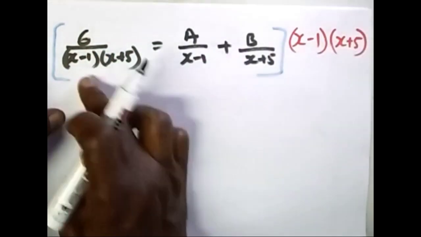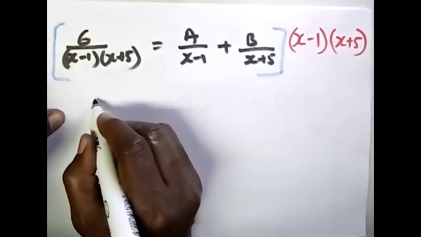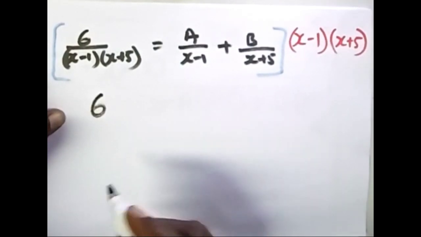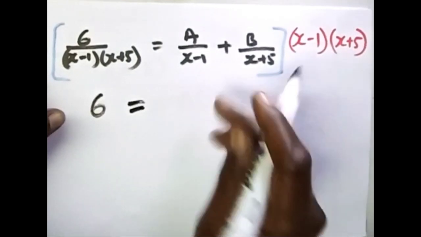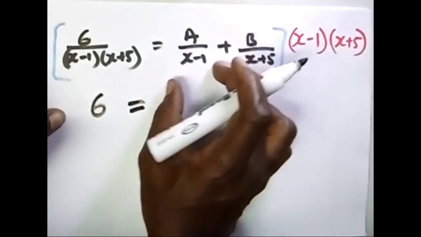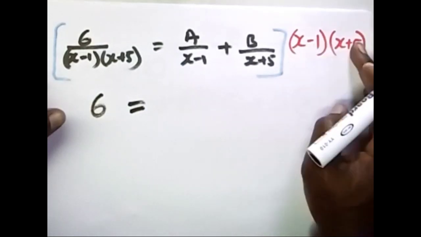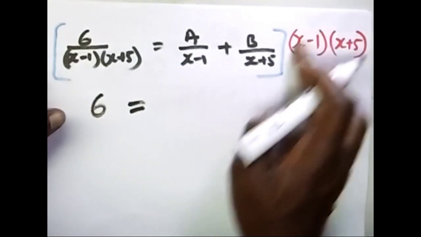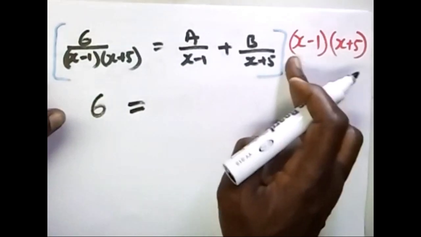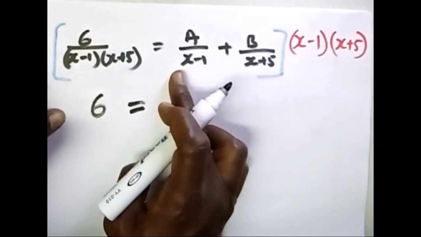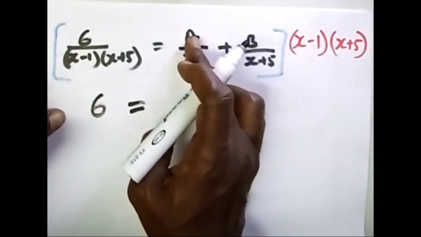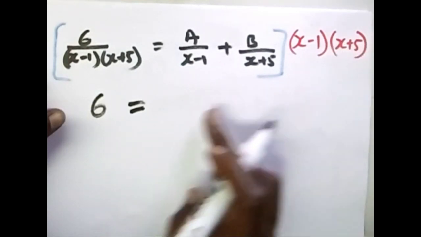Do you agree? Yes. So on this left hand side, I get just 6. Now if I multiplied this expression by this, of course x minus 1 will go. X minus 1 will go with x minus 1. Do you agree? So what I have left is a times x plus 5.